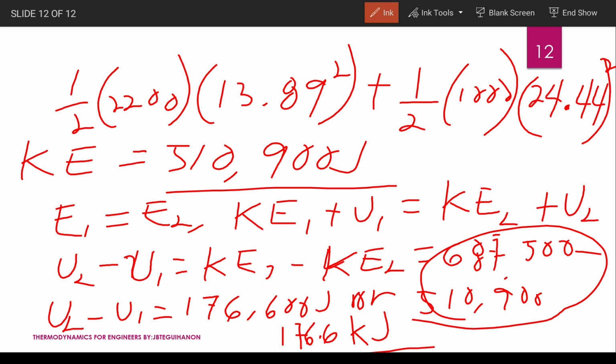Okay, so what happened here is that we use the principle of the conservation of energy. So the kinetic energy of the first automobile was absorbed by the kinetic energy of the second automobile that is stationary.